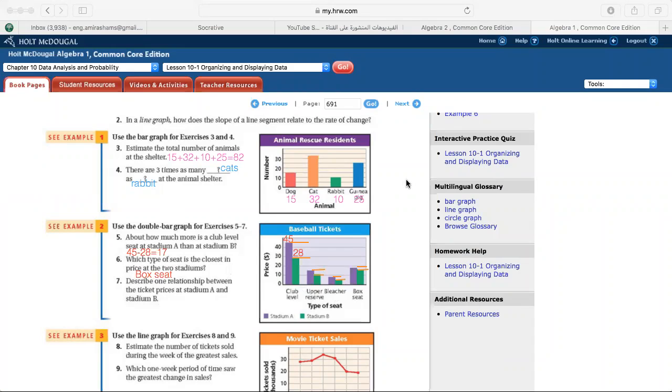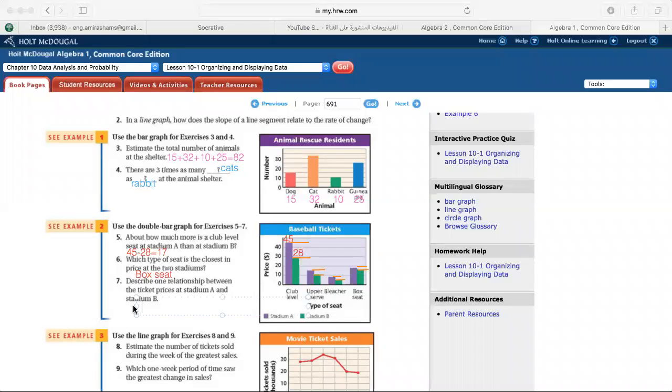What is repeated? It is repeated that Stadium A, the purple bar, is always taller than the green bar. This means that the price of the tickets in Stadium A is more expensive or greater than the prices in Stadium B.